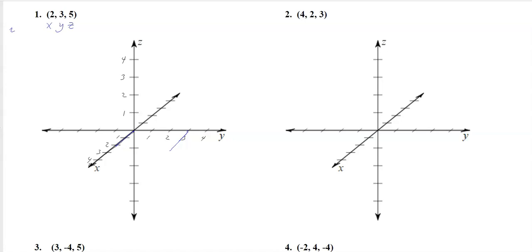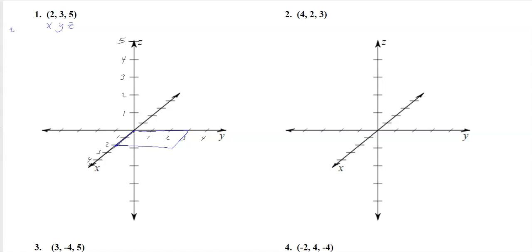What I want to do is go parallel from this point 2 over, and I'm kind of nitpicking here, but now I'm at a spot that's 2 on the x-axis and 3 on the y-axis. Now I need to go up to a height of 5. You can almost make these things look like a little box.